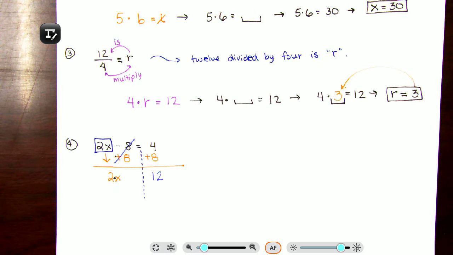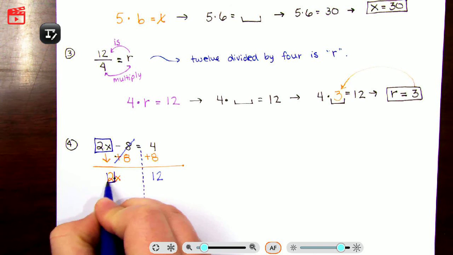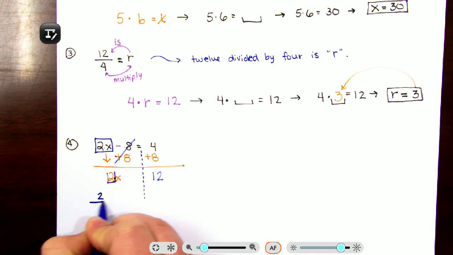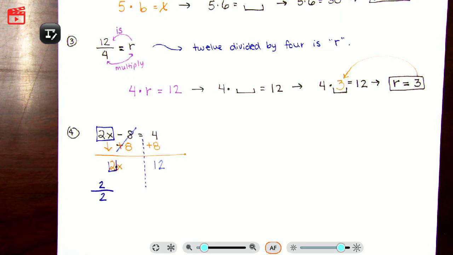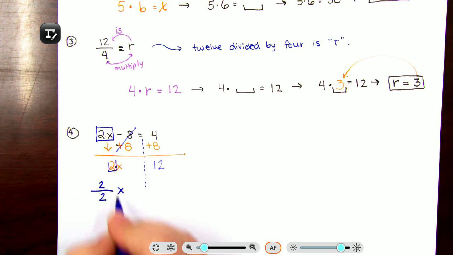So what is the opposite of multiplication? How do we undo multiplication? The way to undo multiplication is we're going to divide. So what you do here is you take this number, and you're going to divide by that same number, and then write the x next to it.